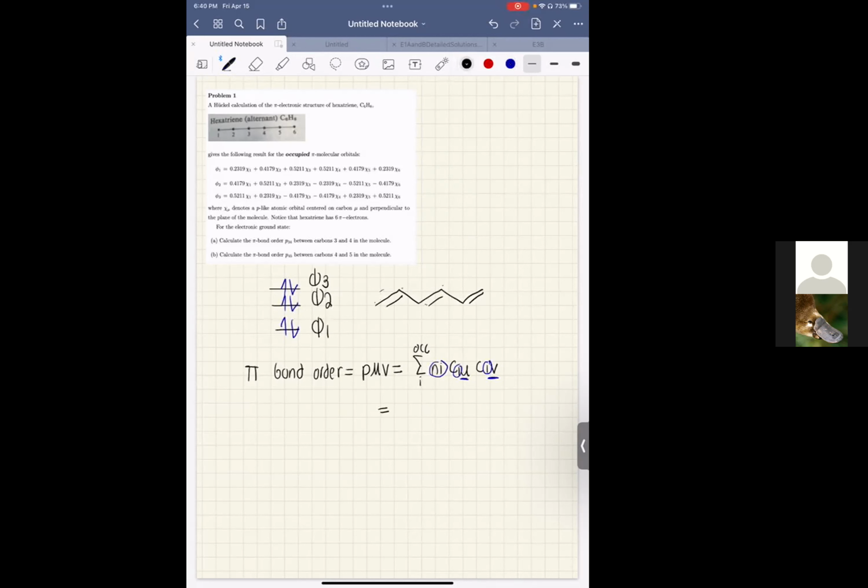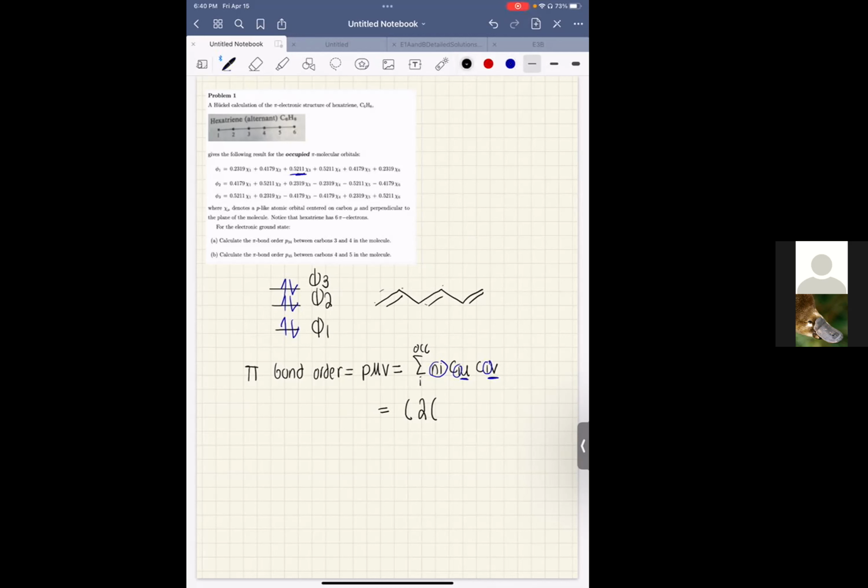So from here, let's start off with the first one. The first one has 2 electrons in the molecular orbital, so we're going to have a term that has 2 here, and it's going to be the coefficient of electron 3. Electron 3 is right here.